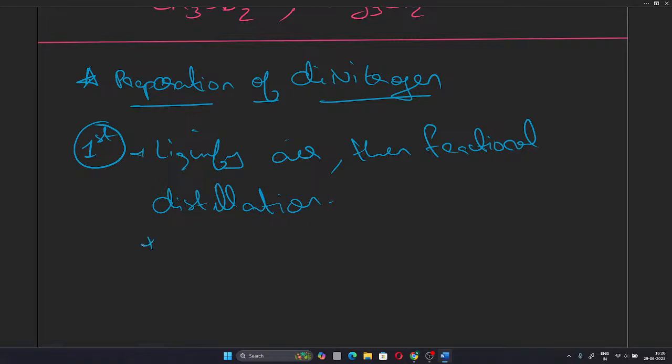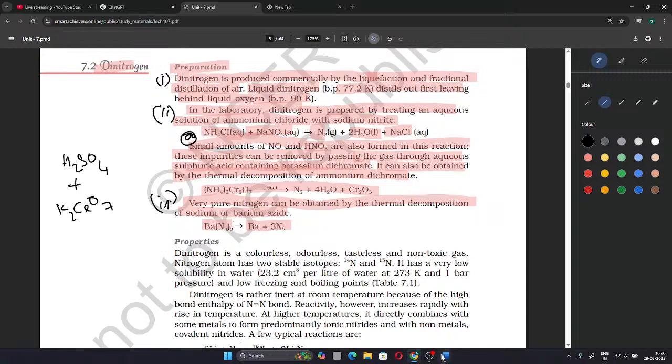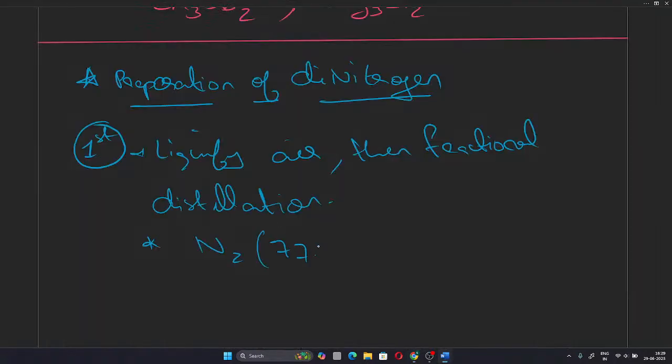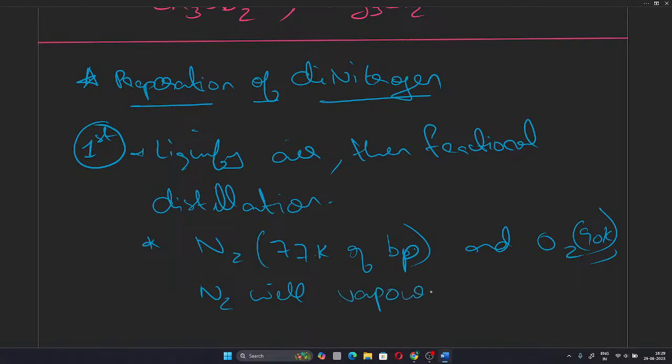In fractional distillation, nitrogen, with a boiling point of 77.2 Kelvin, and oxygen, with 90 Kelvin: nitrogen will evaporate or vaporize, whereas O2 is left. This is the first method of preparation.